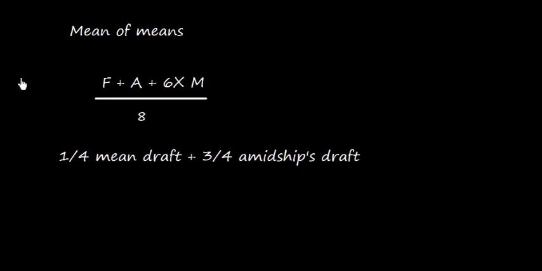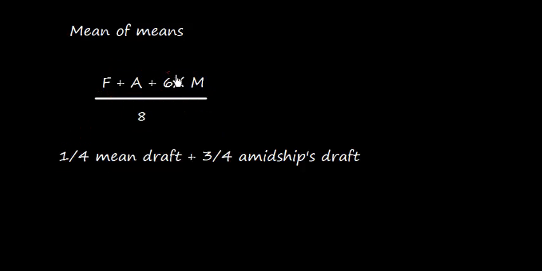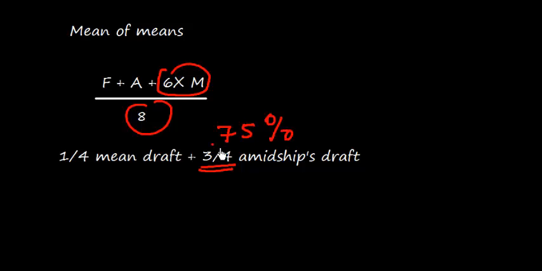Well, this is the forward draft and this is the aft draft, and both drafts divided by 8 becomes 1/4, that is 25%. And this one, 6 times midship draft divided by 8, is nothing but 3/4 or 75% of the midship draft.